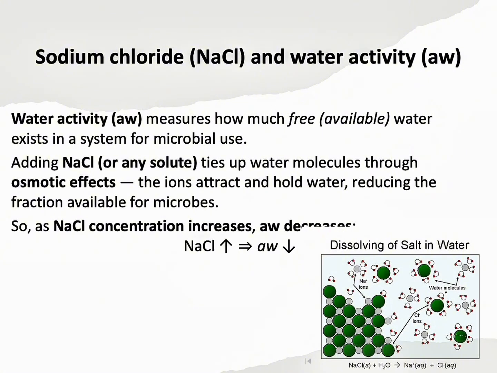Adding sodium chloride or any solute ties up water molecules through the osmotic effect, and the ions attract and hold water, reducing the fraction available for microbes. So you can see as NaCl increases, the water activity goes down, and the microbial activity will also be impacted.